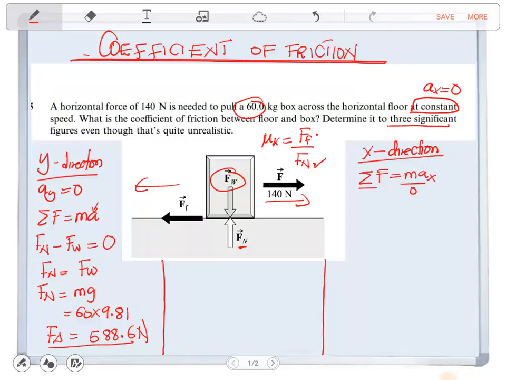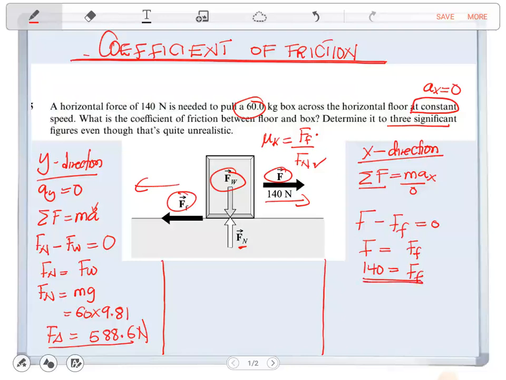So the sum of forces, we're talking about the force minus the friction force is equal to 0. That means the force is just equal to the friction force. Therefore, the force is 140, so 140 is equal to the friction force. So the friction force is found.